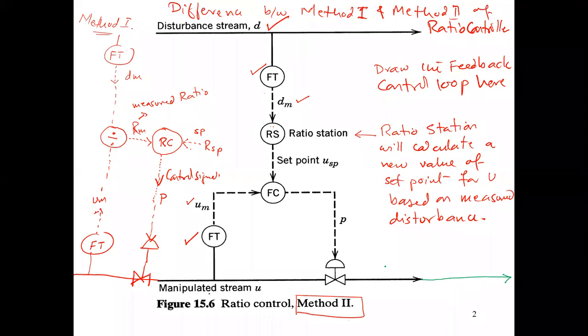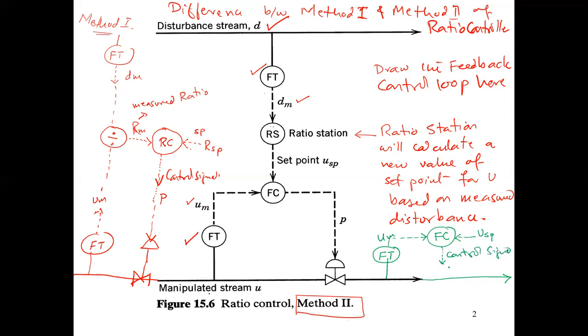In the feedback control loop, I would like to know कि what is, let's say, flow transmitter क्या है? This will directly go to a flow controller, and I will provide, let's say, if this is U of M, then we will provide U of set point, and this will generate a control signal. और ये control signal एक control valve को control करेंगे.